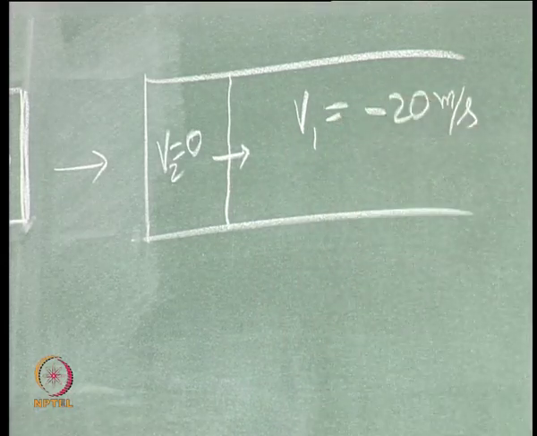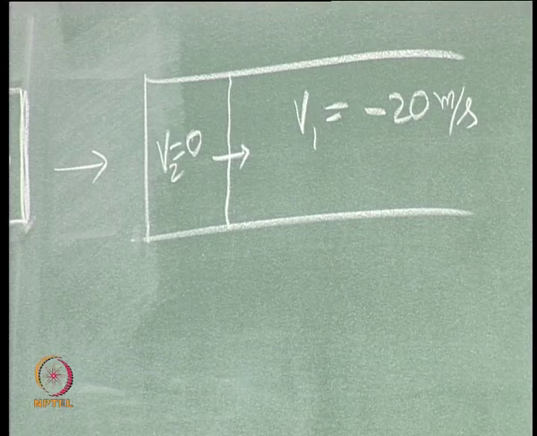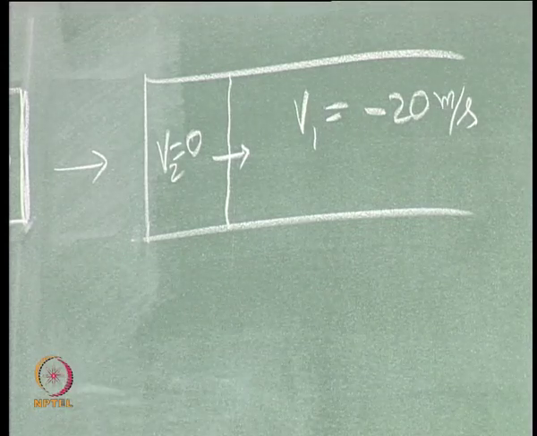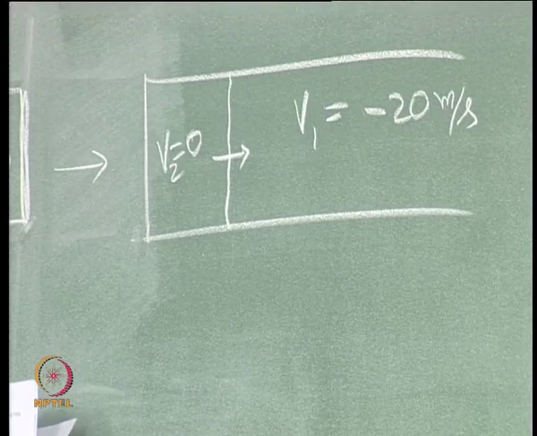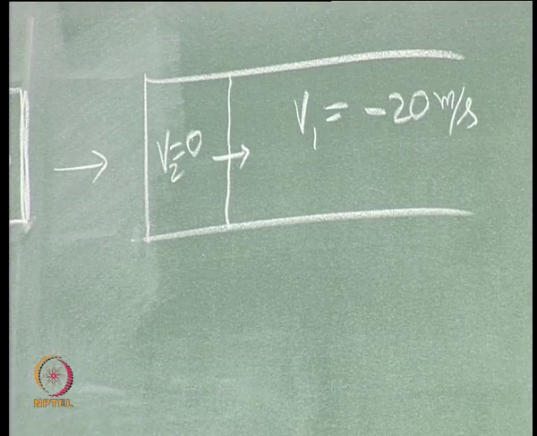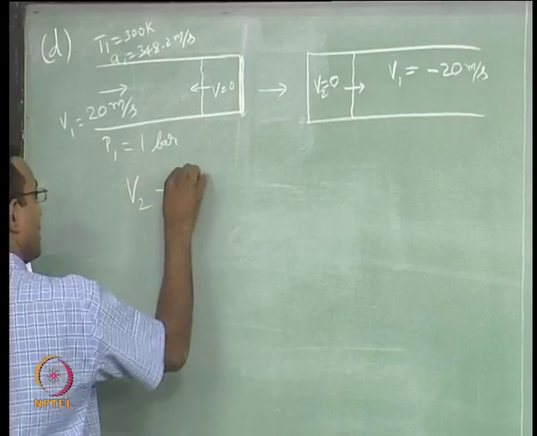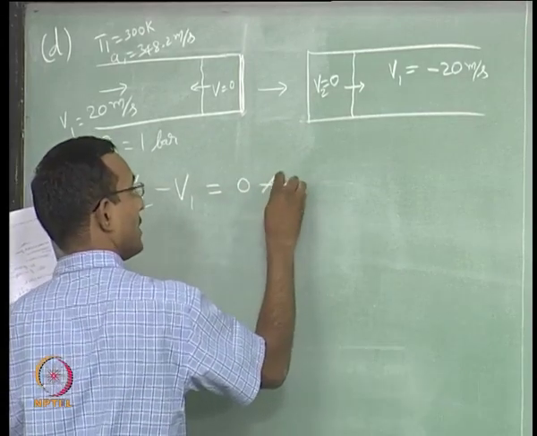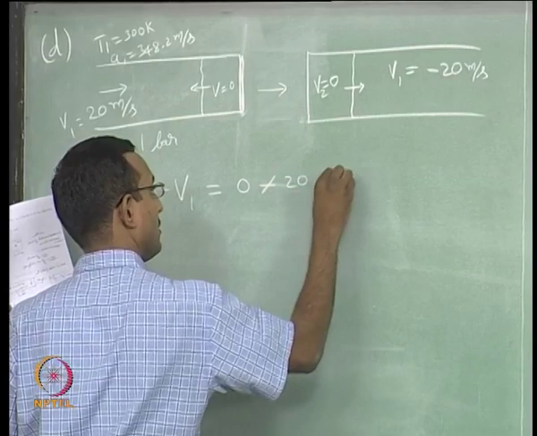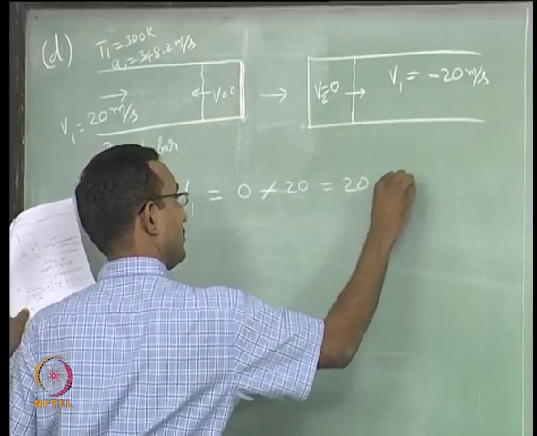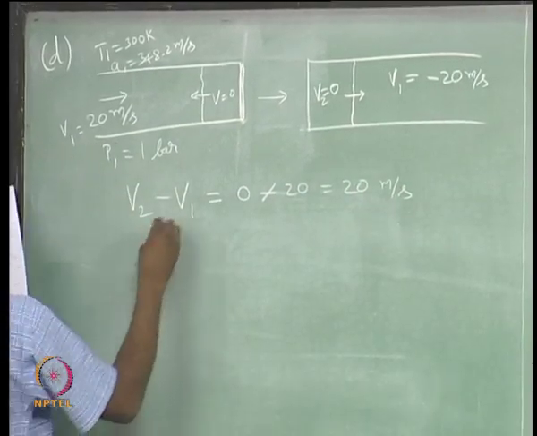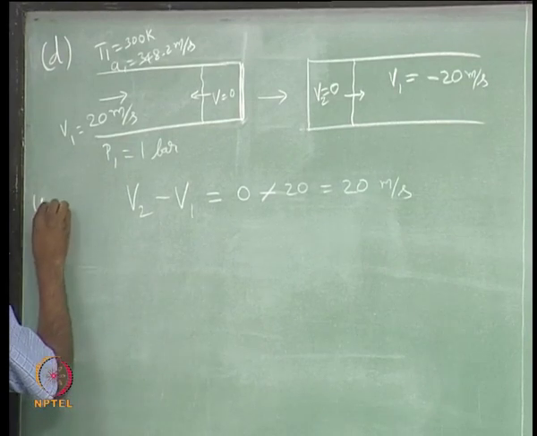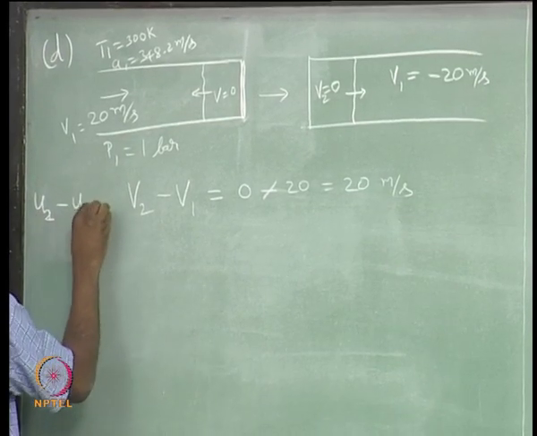Now, I am putting the correct direction, minus 20 because it is moving the other way. So, V2 minus V1 equal to 0 minus of minus 20 meter per second. This is also equal to U2 minus U1.